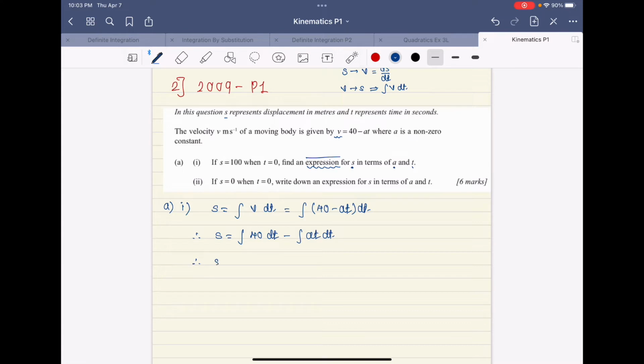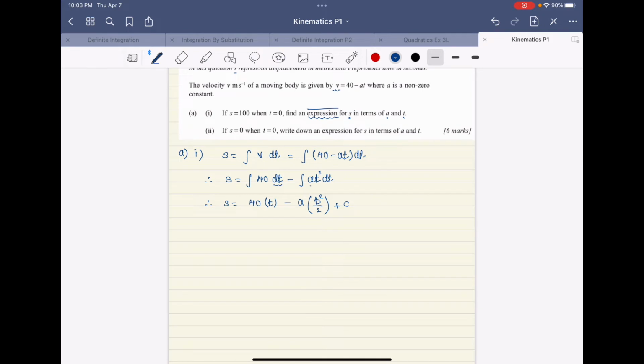So s is equal to, 40 dt is basically integration of a constant, which is constant into x, but now we are using t as the variable, so 40 times t. a is a constant, integration of t raised to 1 is basically t square over 2. It's an indefinite integration, so you will use plus c. Number this equation, say equation number 1.